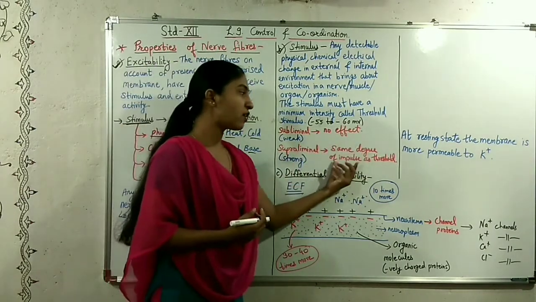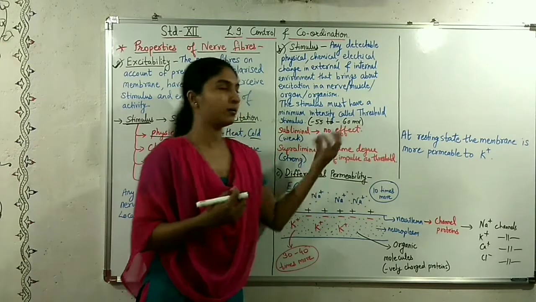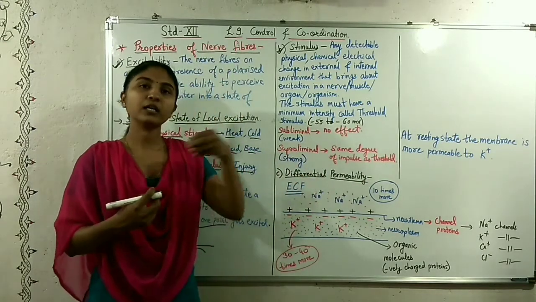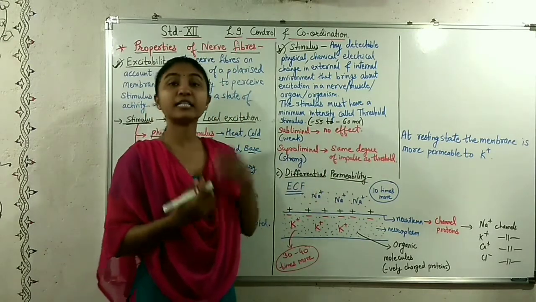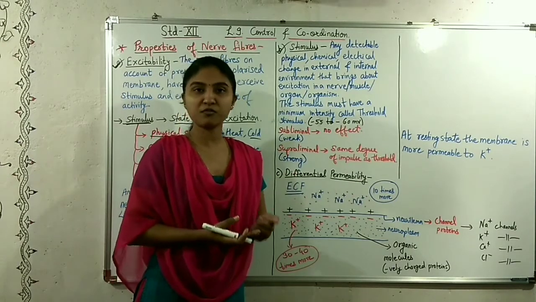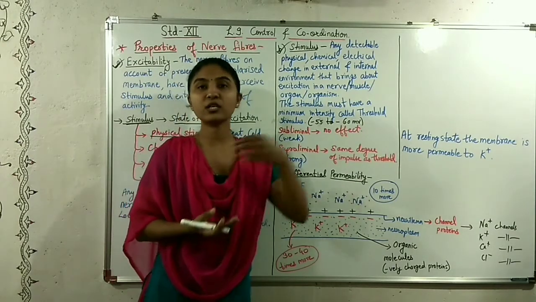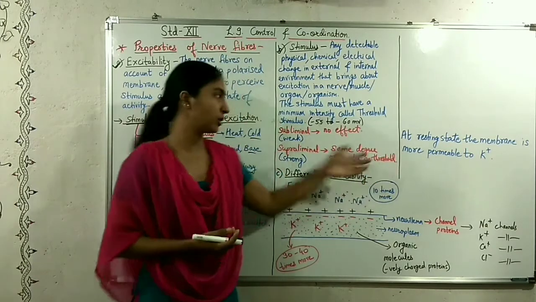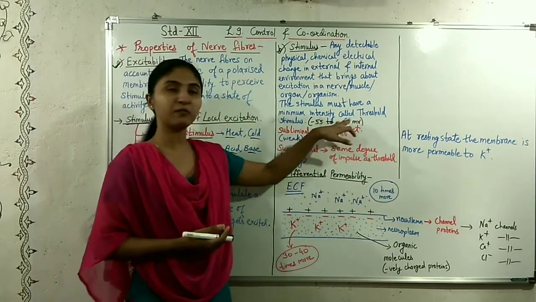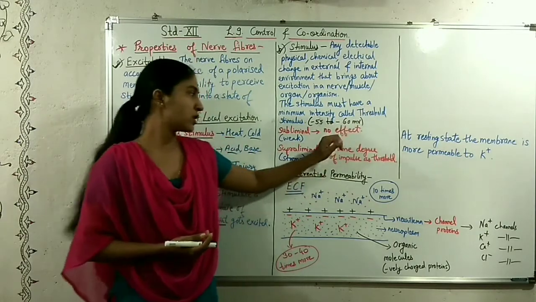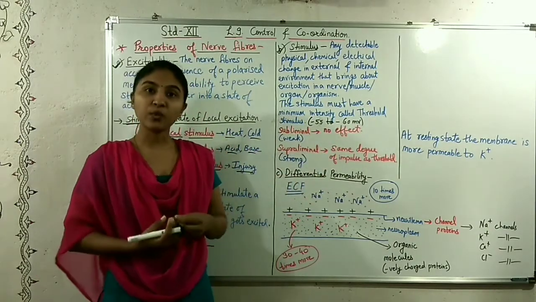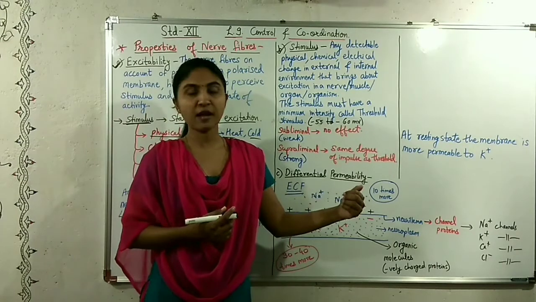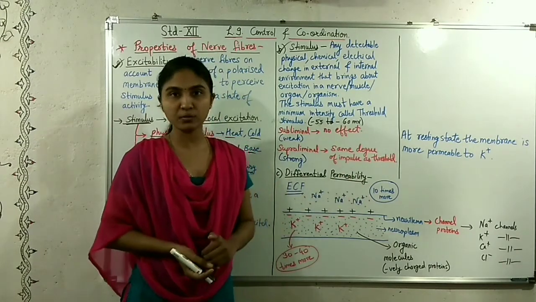The intensity at which the nerve fiber gets stimulated is the same as the threshold, that is from -55 to -60 microvolts. So when the stimulus is weak, there is no effect on the nerve fiber. The nerve fiber will not get stimulated.